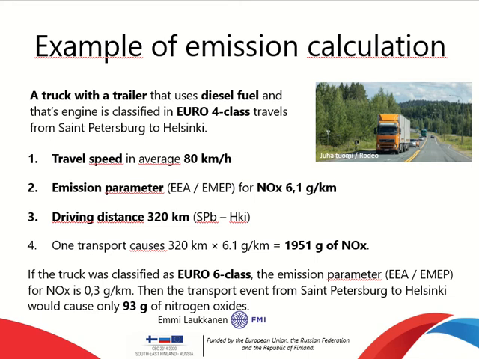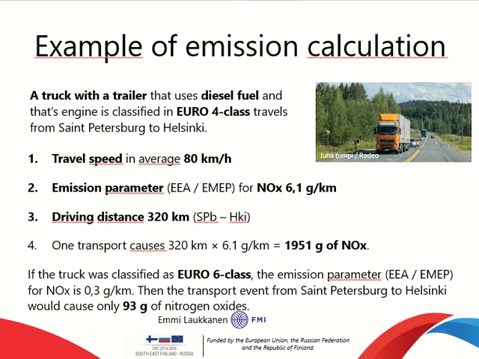The travel speed is 80 kilometers per hour on average in that section. The emission parameter for NOx is 6.1 grams per kilometer and the driving distance is approximately 320 kilometers. So then one transport causes almost 2,000 grams of NOx.